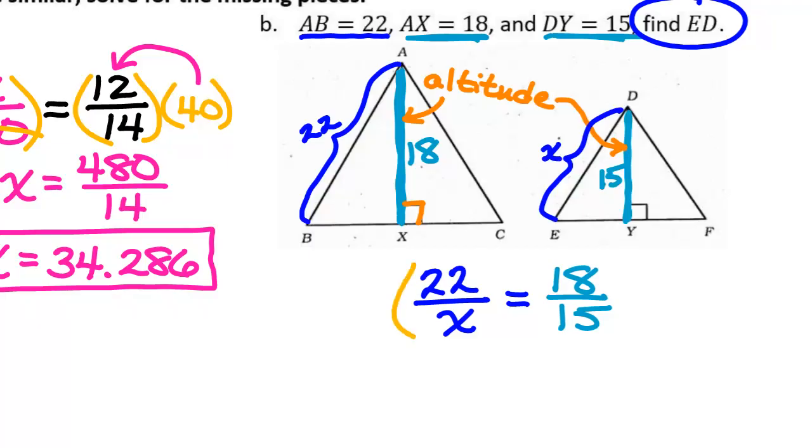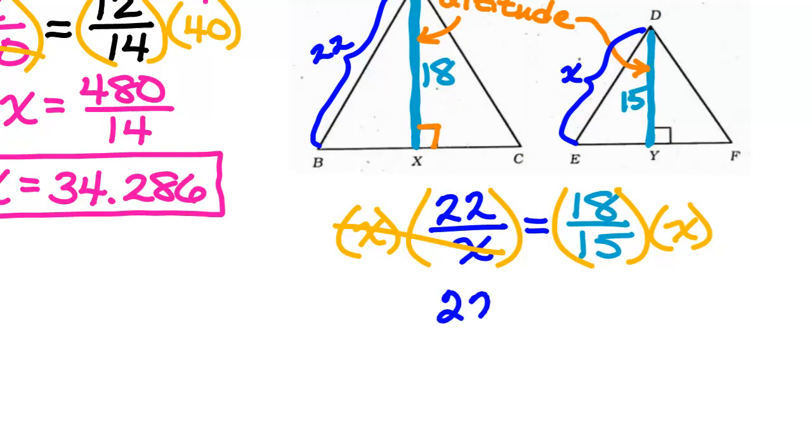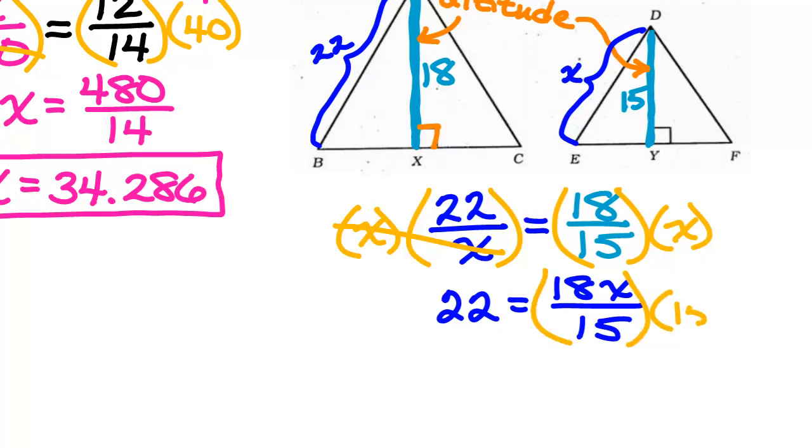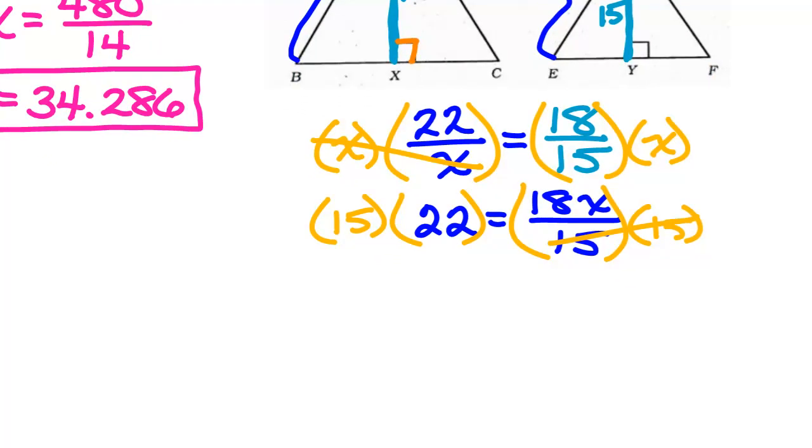We're going to multiply both sides by x now. So I would have 22 equals 18x over 15. Then I'm going to multiply both sides by 15. What is 22 times 15? 330 equals 18x.